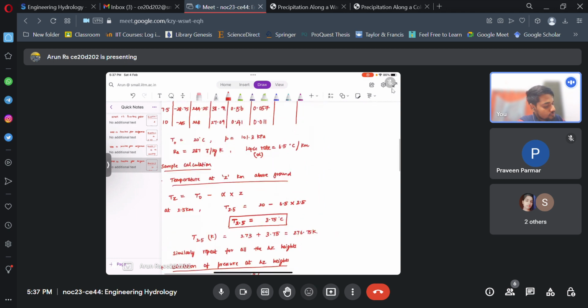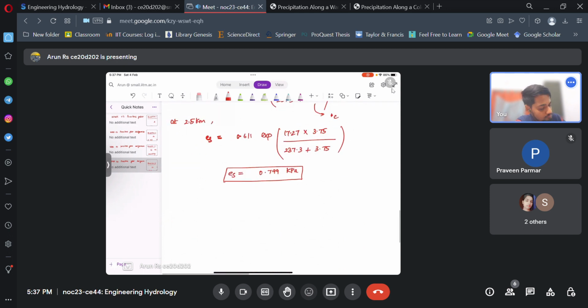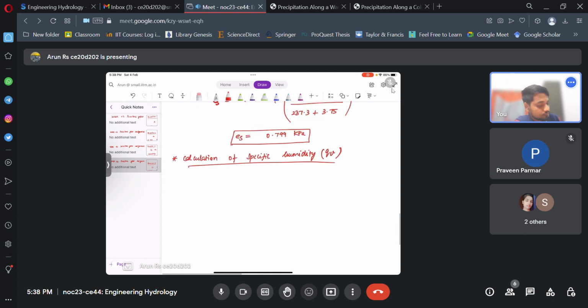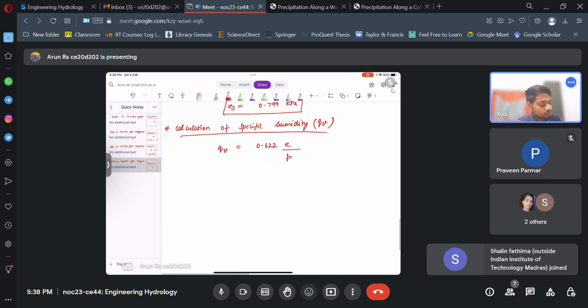So next term is your specific humidity. Your specific humidity is given by the expression 0.622 into your vapor pressure divided by the total atmospheric pressure.